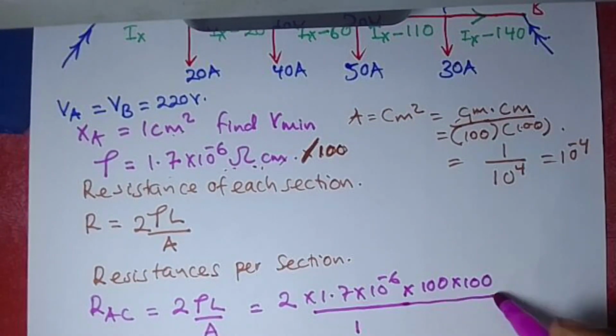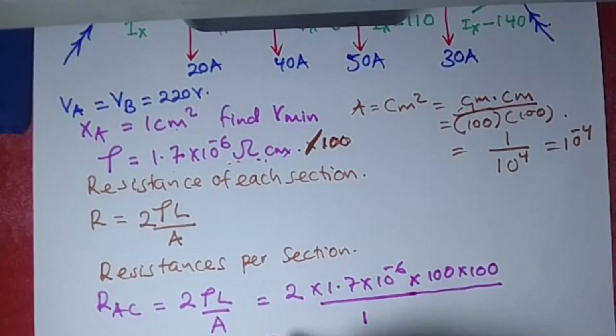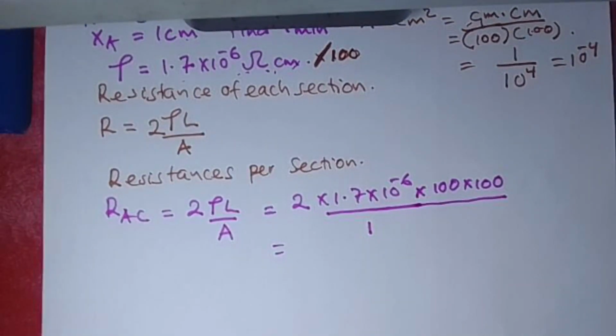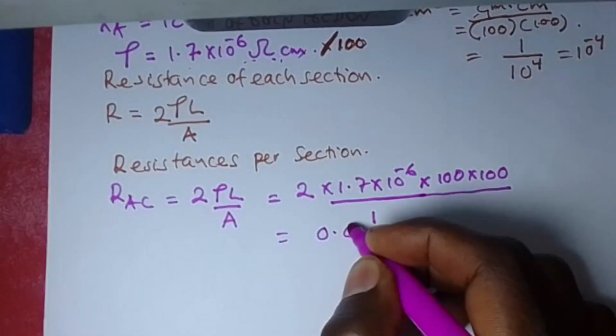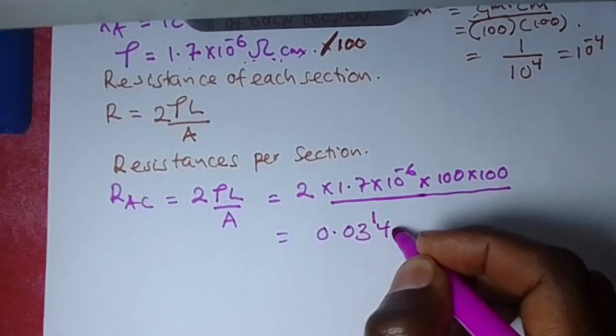Okay, so after calculating, this value will be 2 times 1.7 exponent negative 6 times 100 times 100, so it is giving me a total resistance of 0.034 ohms.